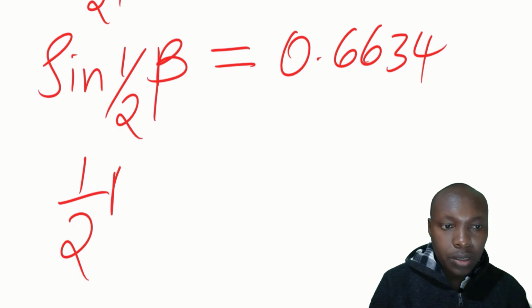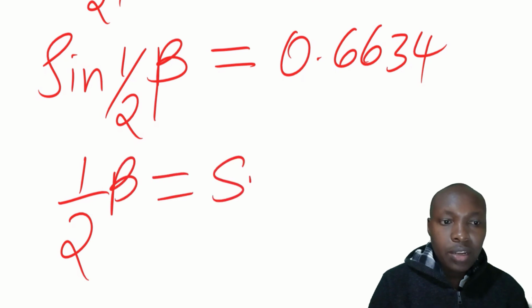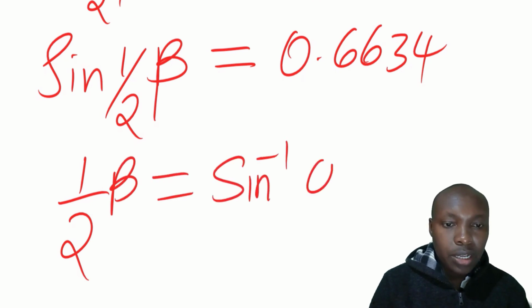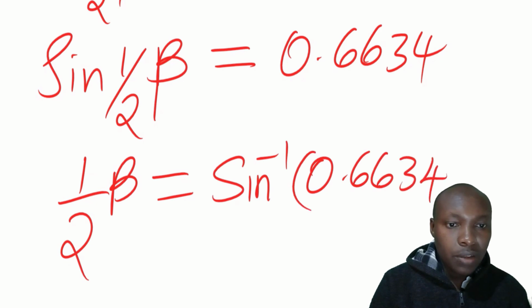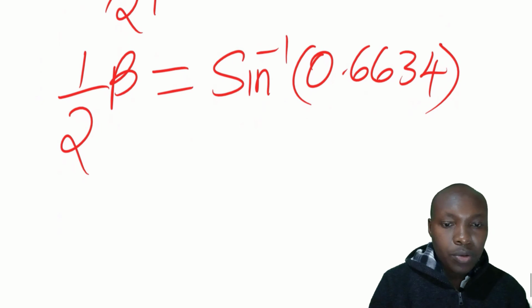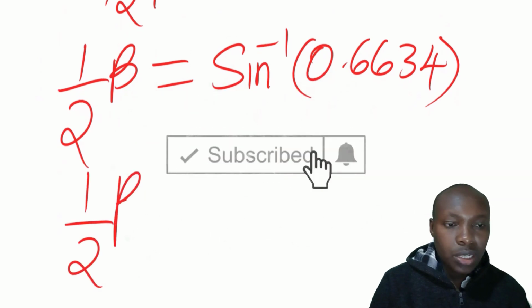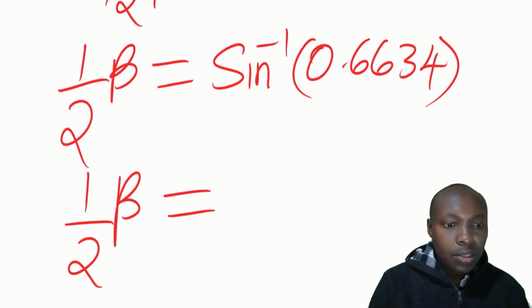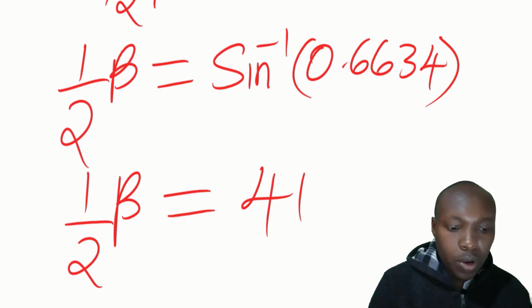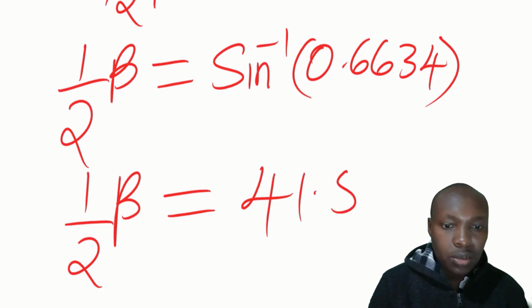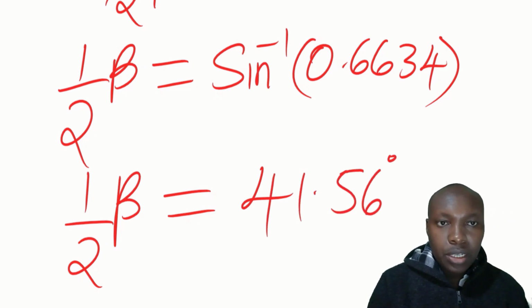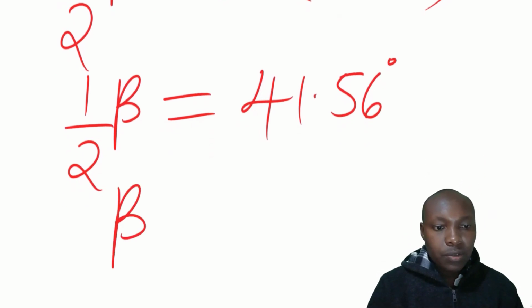So you have half beta. When you take the sine inverse of both sides, in order to get beta, you get the sine inverse of the left hand side and the right hand side. So half beta is equal to the sine inverse of 0.6634, which is 41.56 degrees. And this gives beta is 41.56.